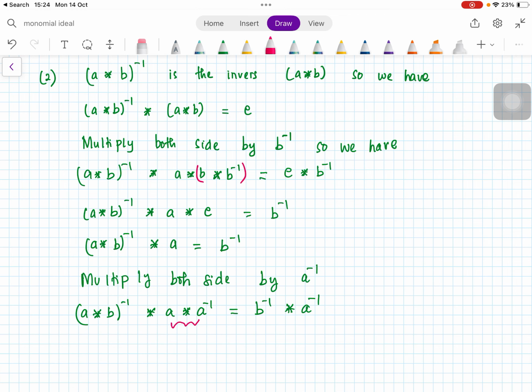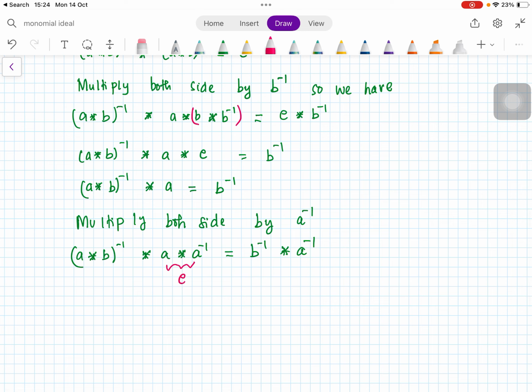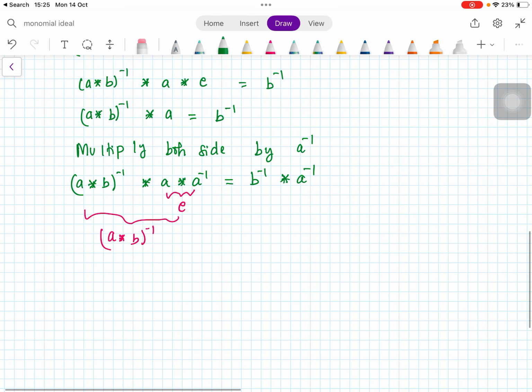From the definition of inverse, A times A inverse is E. So here we have only A times B inverse, because multiplying by E gives itself. So we have A times B inverse equal to B inverse times A inverse, and done.